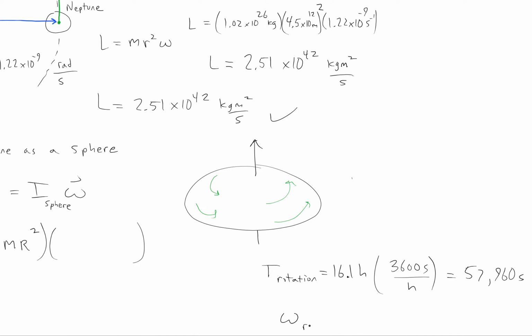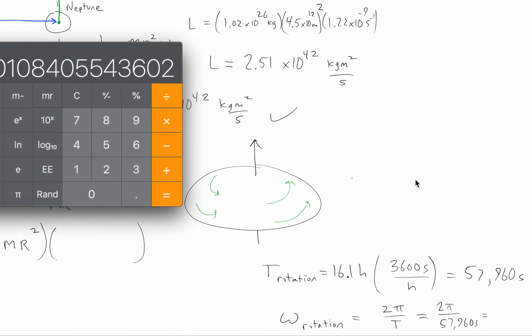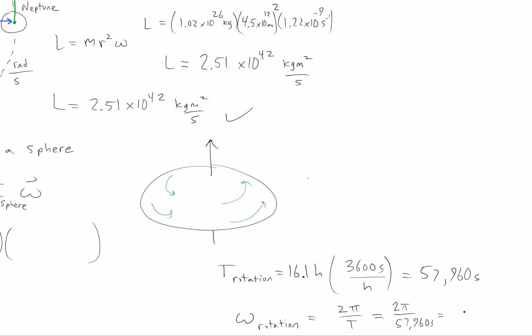Therefore, the omega of rotation will be 2 pi over T, which is 2 pi over 57,960. 1.08 times 10 to the minus 4 radians per second. So we can plug that in here.